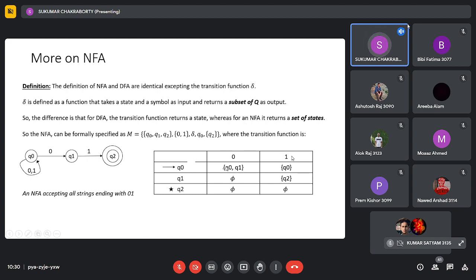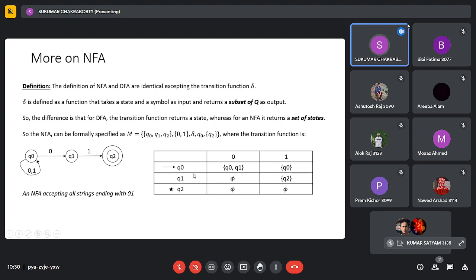So this is the difference. For a DFA, the elements here are states, but here the elements are sets of states. Another difference is that it may contain the empty set phi, whereas in DFA you cannot have phi. It should be a state.